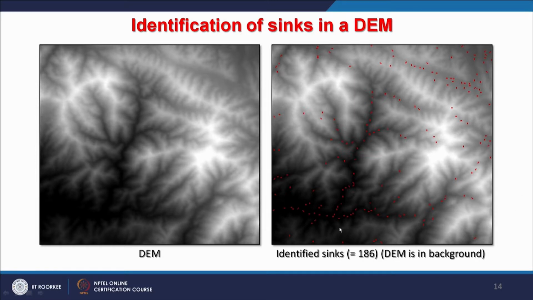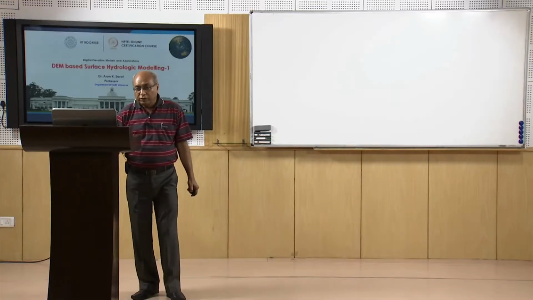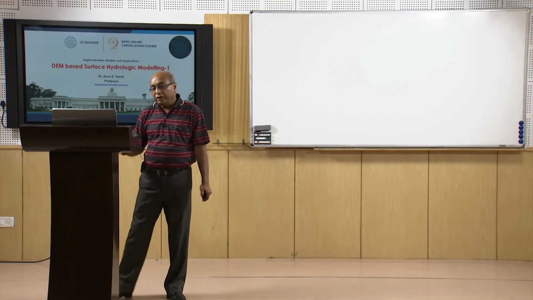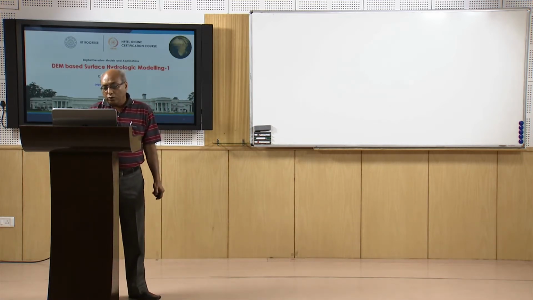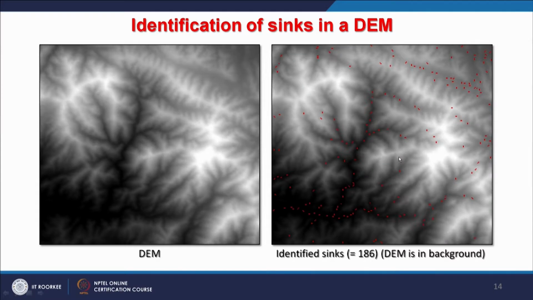Only 186 cells have been found having values lower than the surrounding values, or very significantly higher values. So, generally these are the local depressions which we need to remove or fill, and once that is done, then we can proceed to the next step of surface hydrologic modeling.